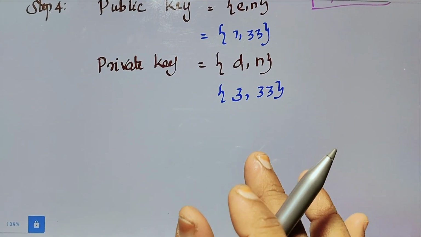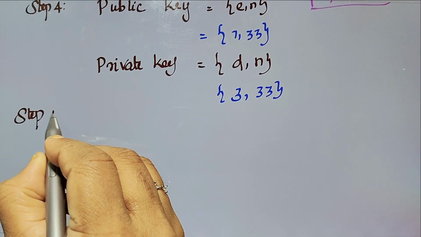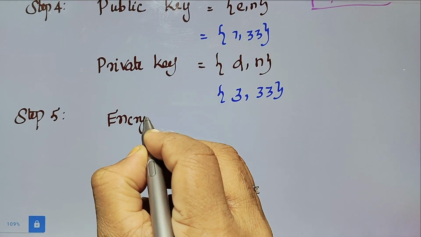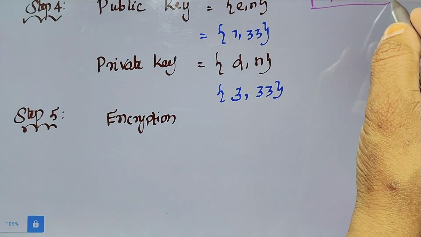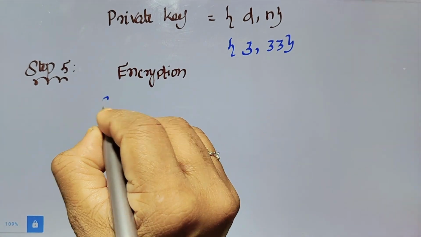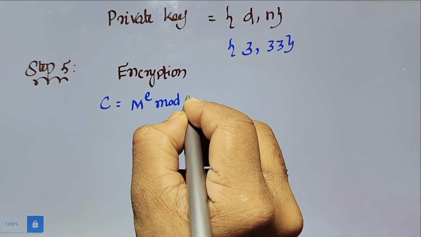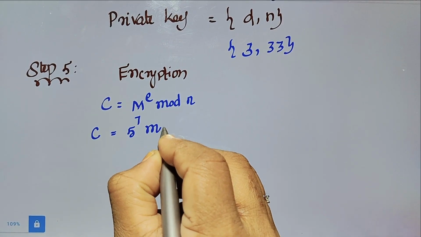Next is step 5. Encryption. Write the formula. Encryption formula C equal to m to the power e mod n. Then C equal to m value 5, 5 to the power 7 mod n.